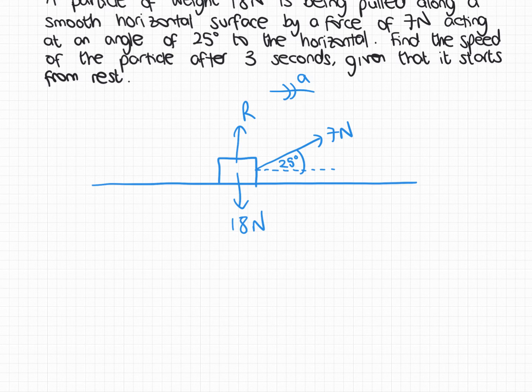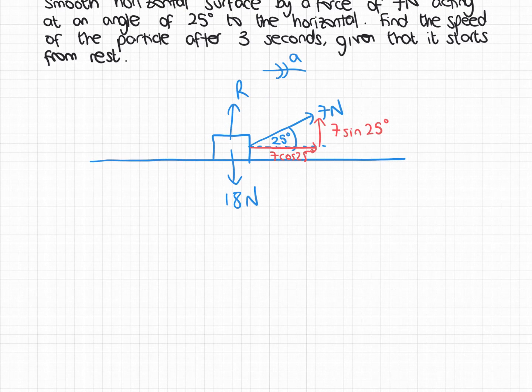And then there's no friction, so I just need to resolve this force. So this force here will be 7 cos 25, and I'm going to have a force going up, which will be 7 sin 25. And I'm going to look at motion going this direction.